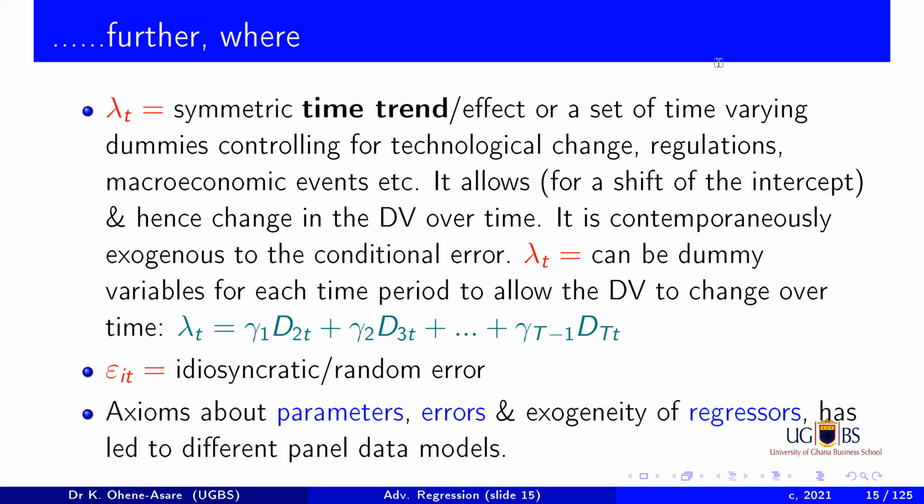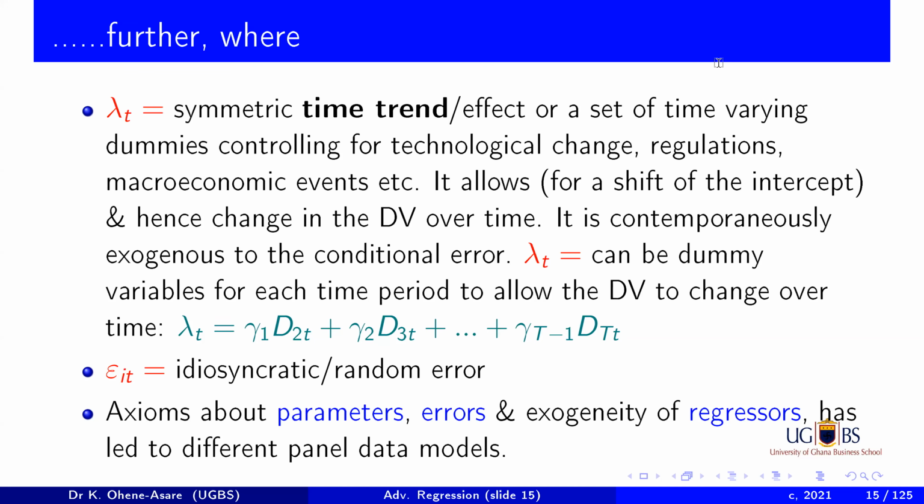Macroeconomic events like inflation, exchange rates, and interest rates can all affect the dependent variable in a way that sometimes you might not detect. So if they are there, you capture them.